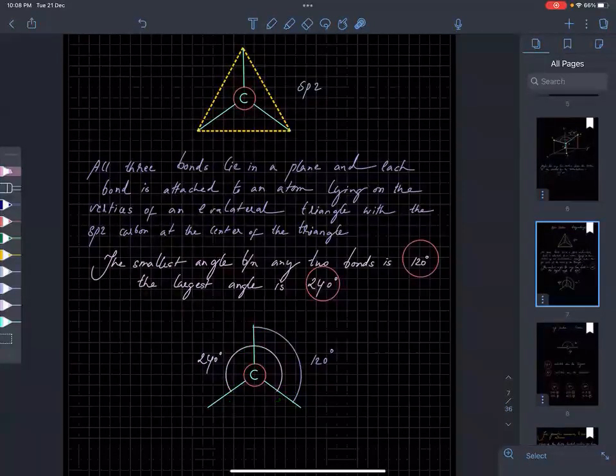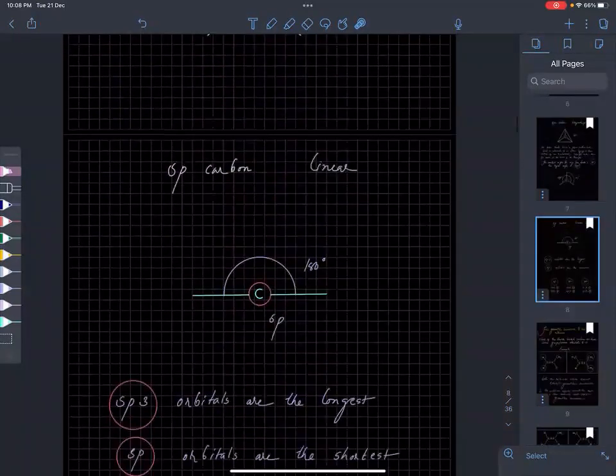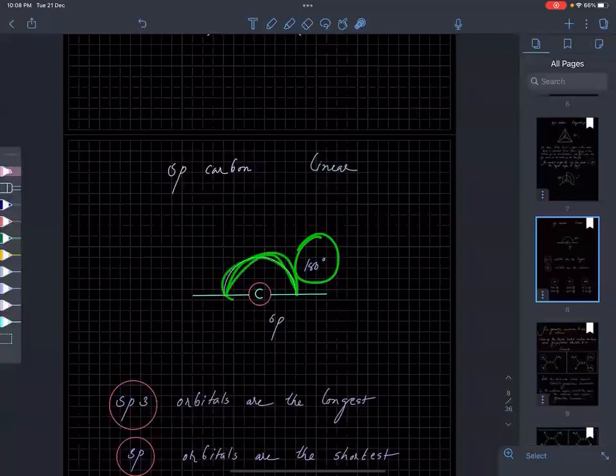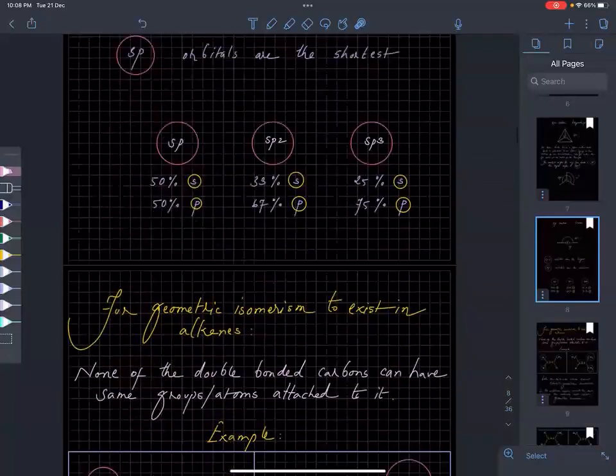So maximum angle will be 240 and minimum angle will be 120 between any two bonds. Basically, these three groups will sit on the corners of an equilateral triangle. Clear? What about sp carbon? It will be linear. The angle between the bonds is 180 degrees. Clear?